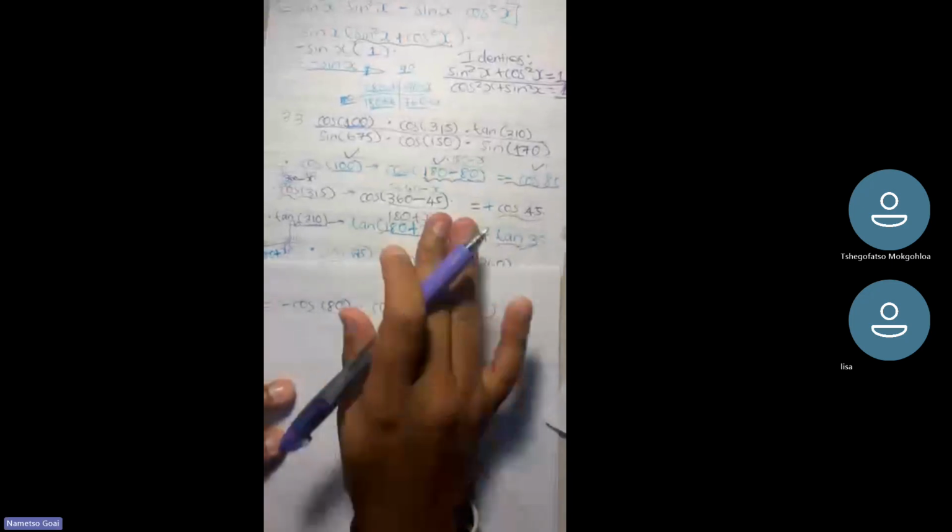Okay, now all divided by negative sine 45 degrees multiplied by the 1 minus cos 30 degrees, and multiplied by sine. Are you guys with me? Yes, ma'am.